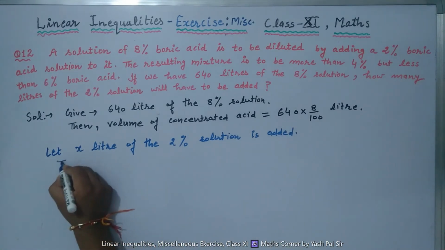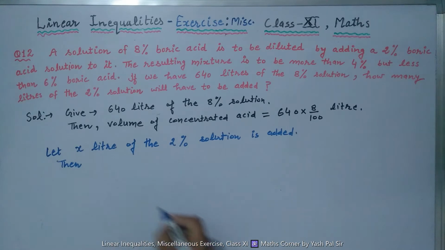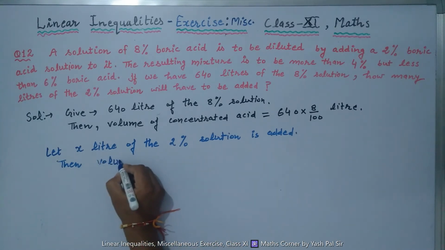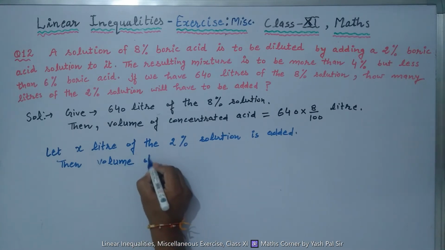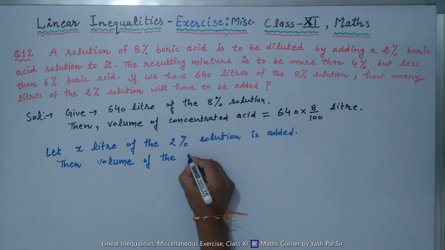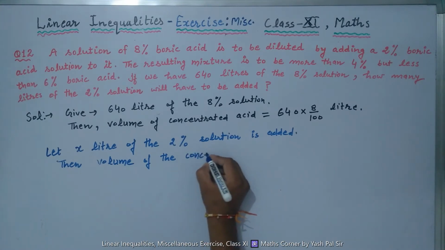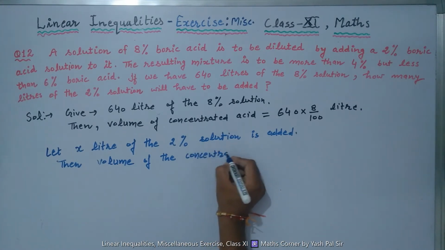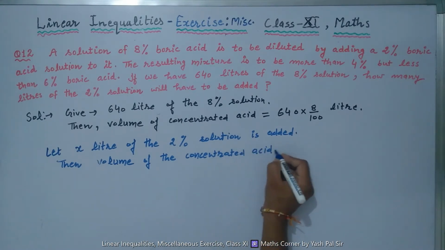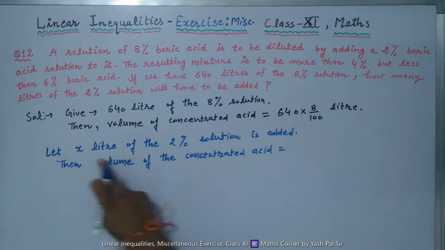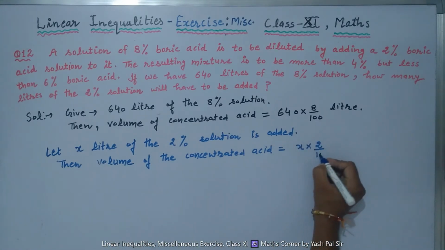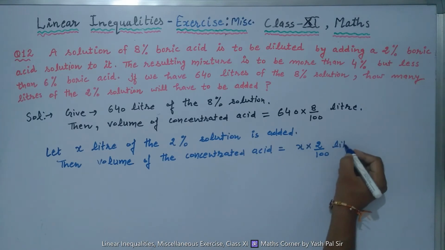Therefore, what we write now, volume of the concentrated acid is equal to x into 2 upon 100 liter.